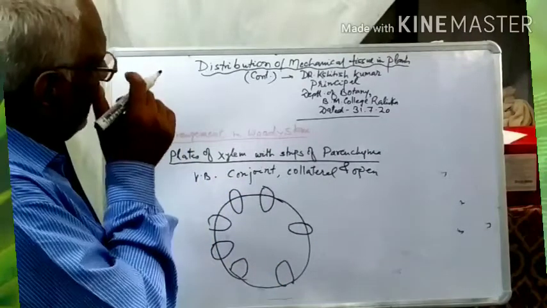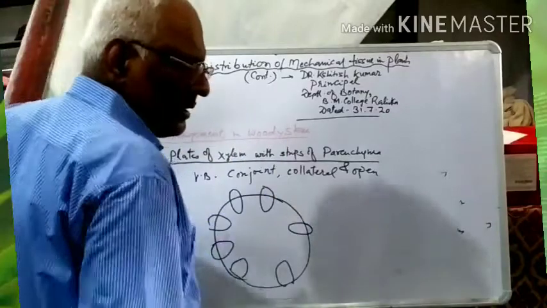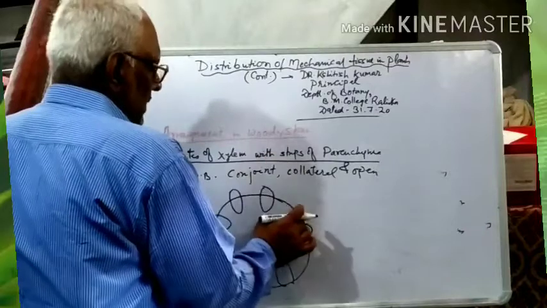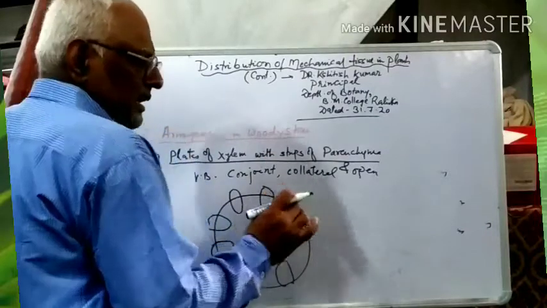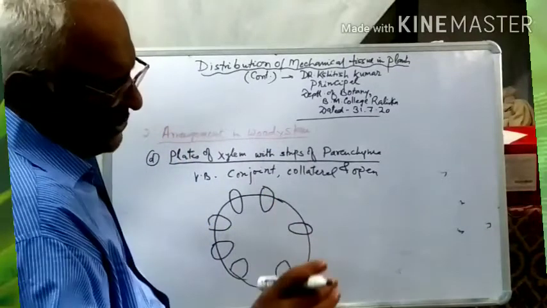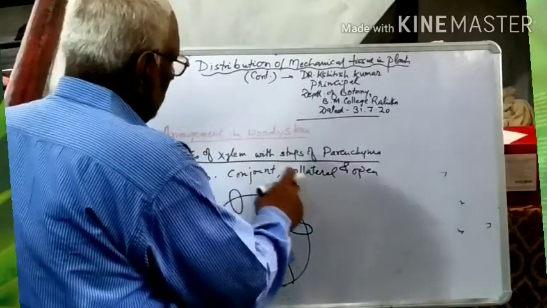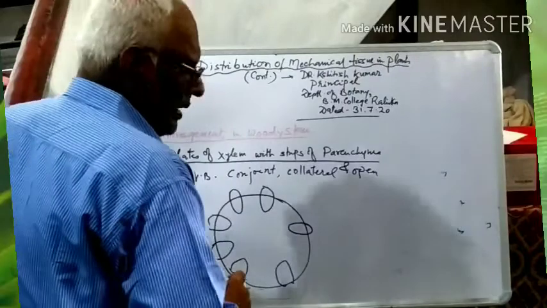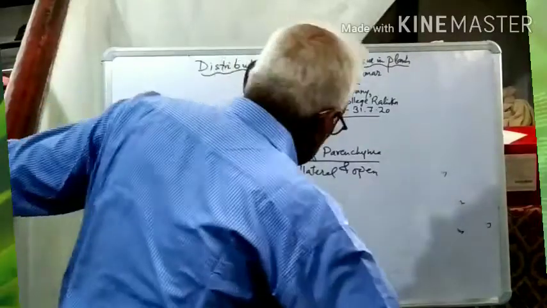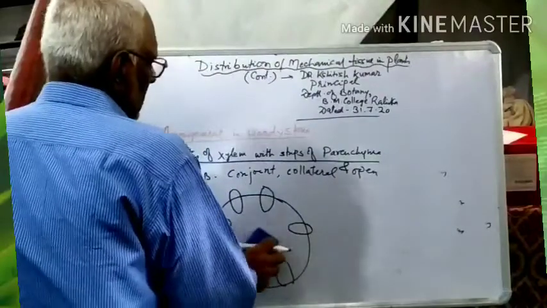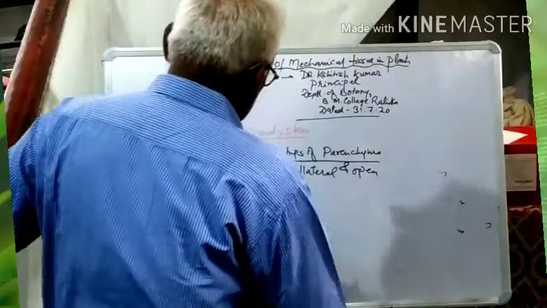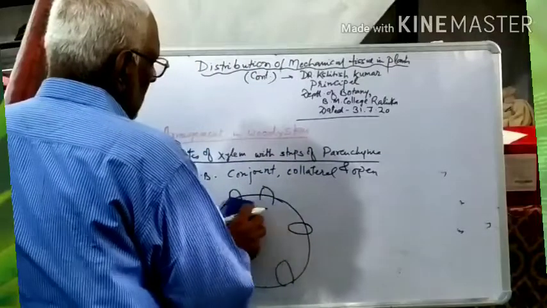The secondary xylem is much greater in quantity than the phloem, but here, at certain points, say at 4 points, the function of the cambium becomes abnormal.